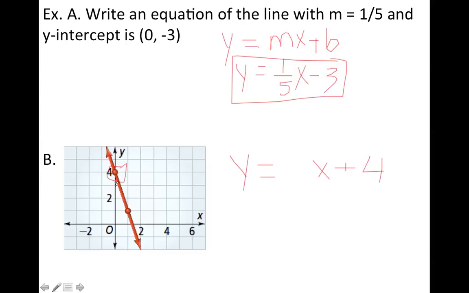I go down 1, down 2, and down 3. So that is my rise. I went down 3, so that makes it negative. Anytime we go down, it's negative. And then I go to the right 1, and anytime we go to the right, that is positive. So the equation of our line is y equals -3x plus 4.